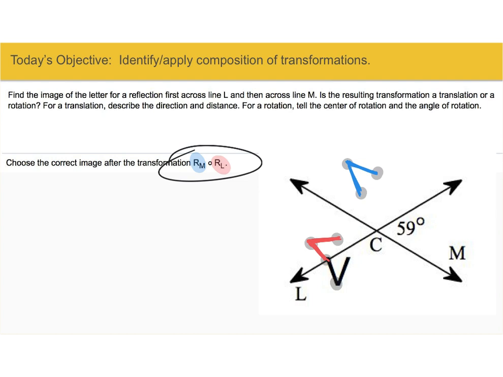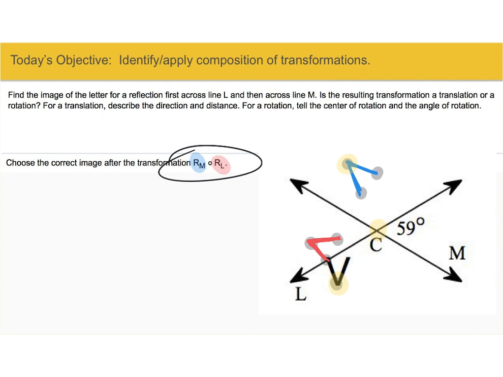Now there is a relationship here that happens as well. When you reflect over two lines that intersect, the reflection turns out to be a rotation. The composition of reflections turned out to be a rotation equaling 2 times the angle, the acute angle of intersection.